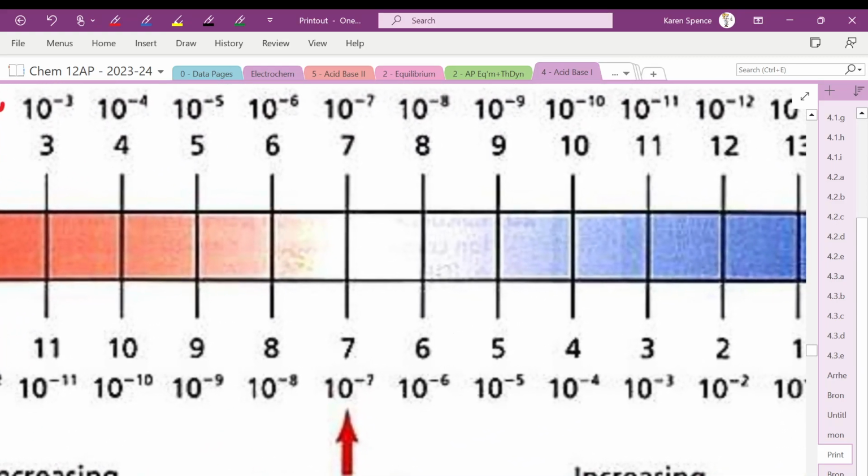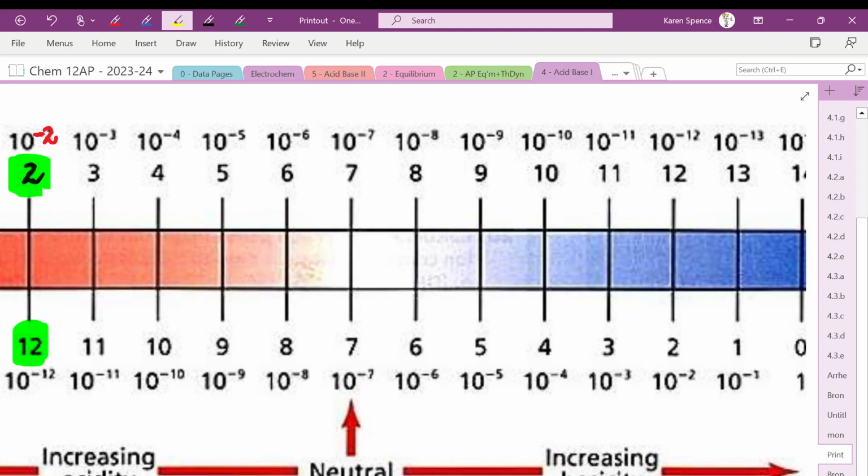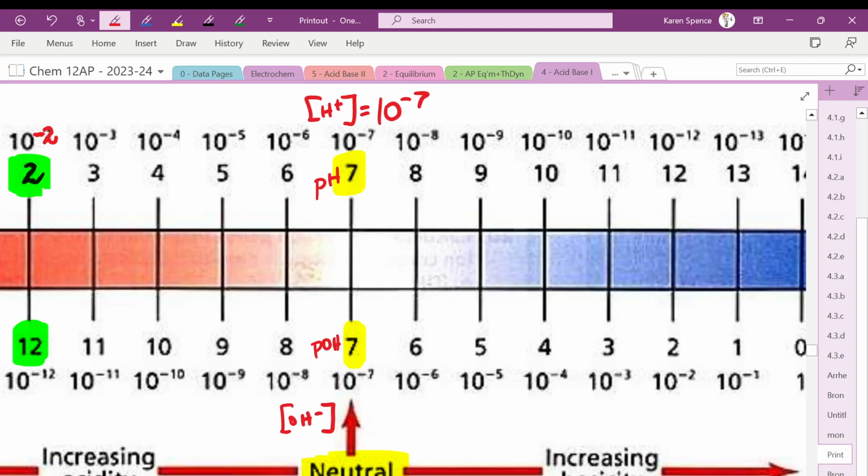Now let's take a look at neutral pH. Pause and go back if you missed something. pH is 7. Oh, look, pOH is also 7, which means concentration of hydrogen is 10 to the negative 7, and the concentration of hydroxide is 10 to the negative 7.